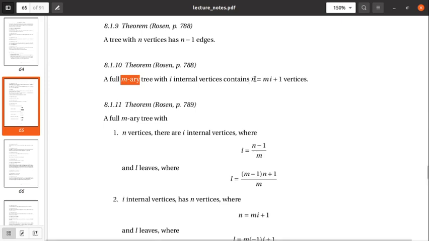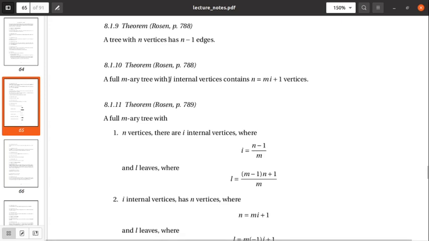So then we have this formula that the total number of vertices is, well, each internal vertex, since it's full, has exactly m children. So m times i, in the example we gave, 4 times i, and then plus 1. So we're counting all of the children, and all of the internal ones, and then we add 1 for the root.